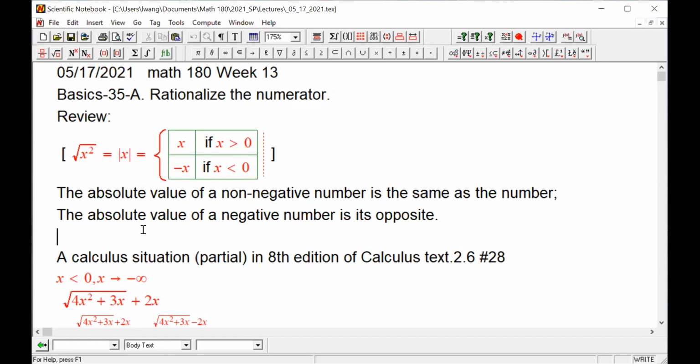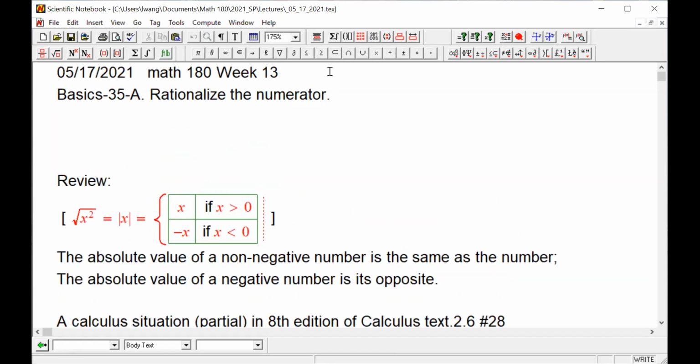Okay, so let's do a few more. Your turn. This one is also a question from your calculus text. Number 8.